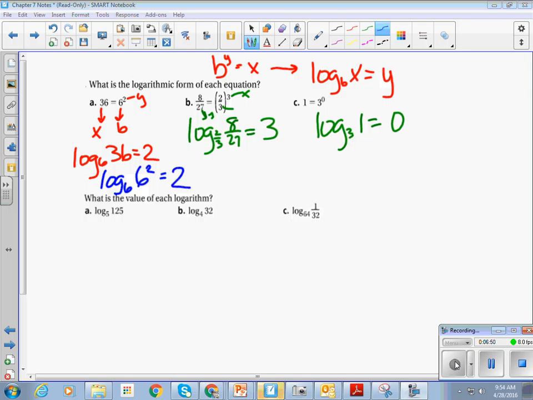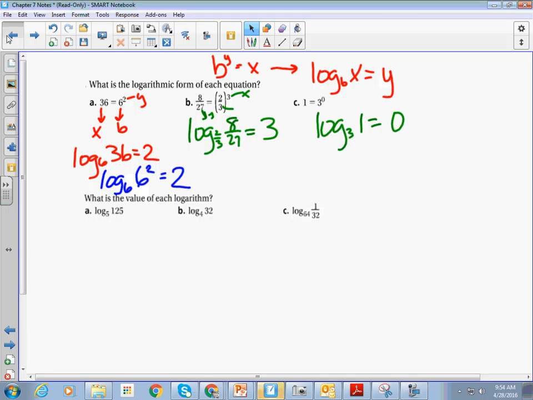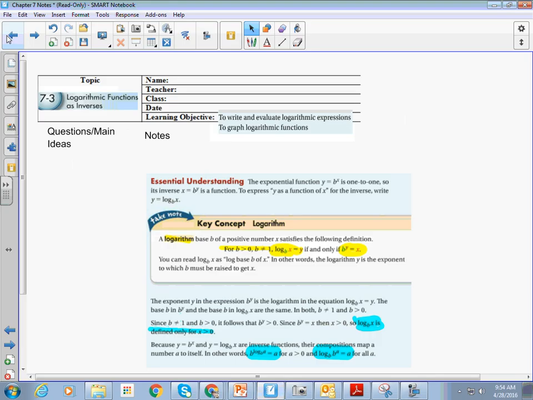This is an example of what I had you write down, where log base b of b to the a equals a. I just wanted to point out that's where this information applies.